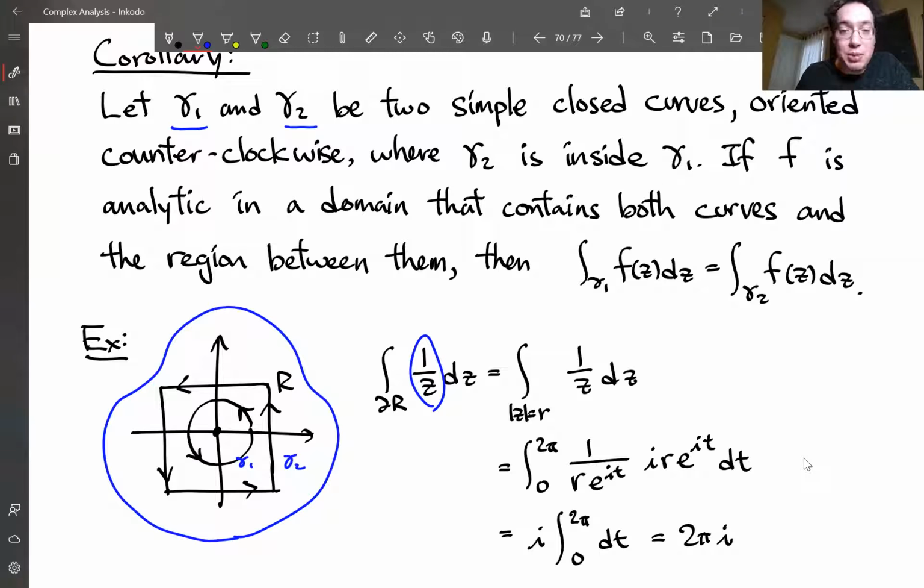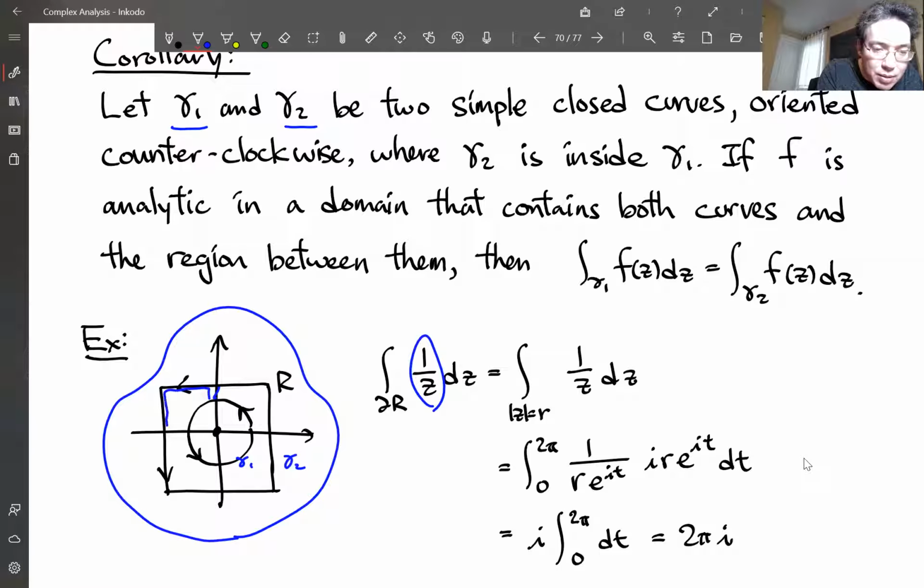But what you can do is compare the path integrals, as long as the domain between the two curves has no holes. So what I mean by that is that we could divide up these two curves into smaller paths, using the same technique as we used in the proof.